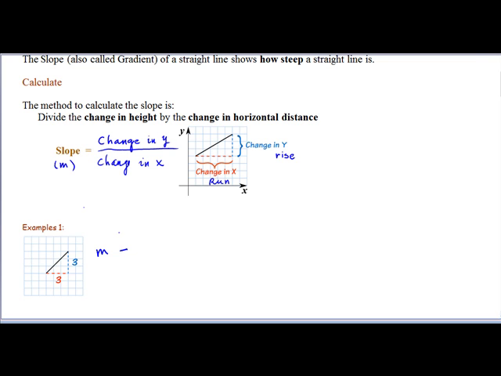The change in y is the vertical, the change in the height. So you have 1, 2, 3 units in the change in y, and for the change in x, you have 1, 2, 3. So you have 3 units. So the slope here is 1.